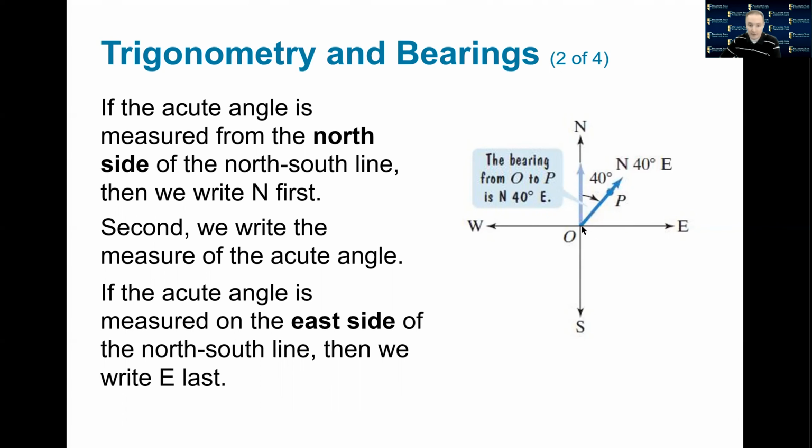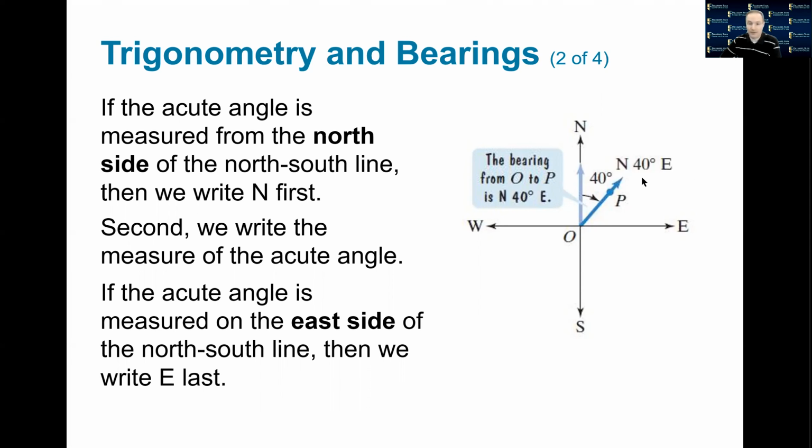But anything other than due east or due west, you start off with the vertical direction first. So in this case, it's going north. We know it's going 40 degrees east of north, so you would write the bearing. Typically these bearings are read in reverse. I would read this as 40 degrees east of north. Can you also read it north 40 degrees east? You can.